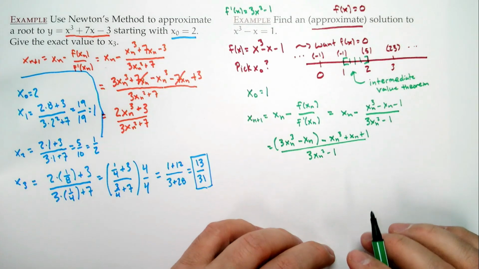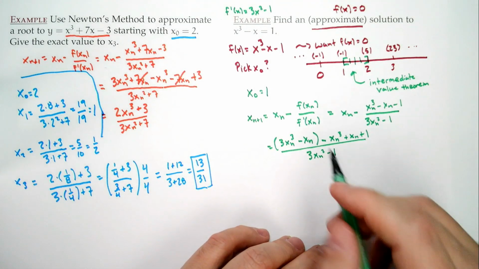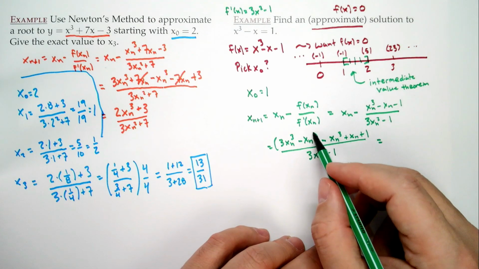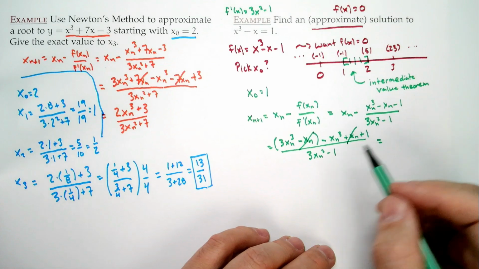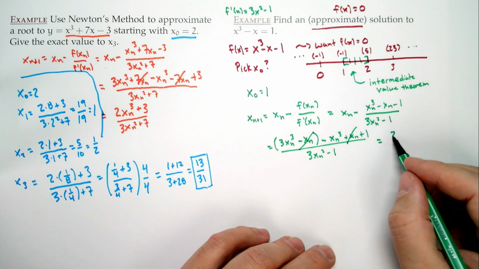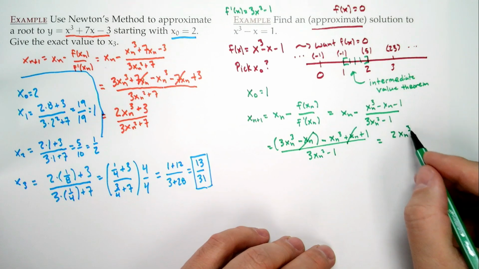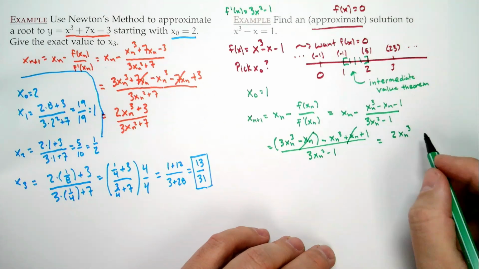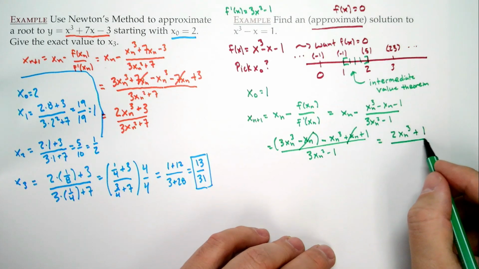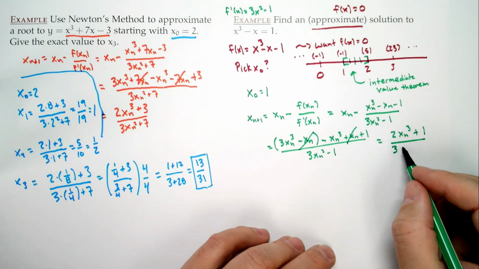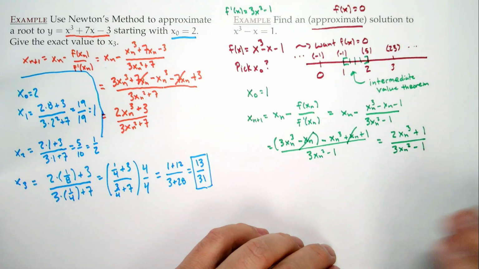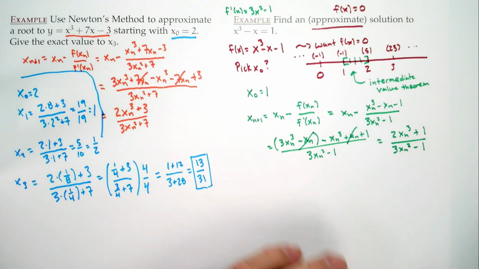All right, well, what do we get? Well, the minus xn plus xn cancel out. That's nice. 3xn cubed minus xn cubed becomes 2xn cubed. And then we have plus 1. And then we're going to divide that by 3xn squared minus 1. All right, good.